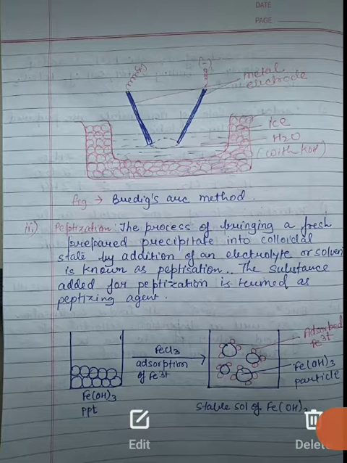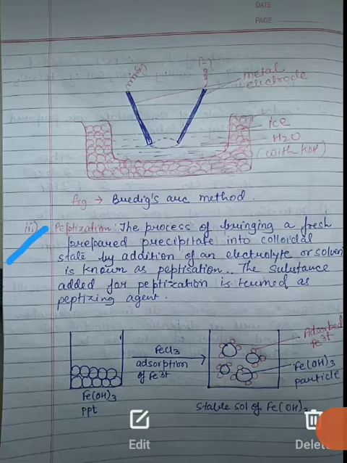Now students, let us talk about the third process, that is peptization. It is simply the process of bringing a freshly prepared precipitate into colloidal state. We take a freshly prepared precipitate, and it is converted into colloidal state by the addition of an electrolyte.